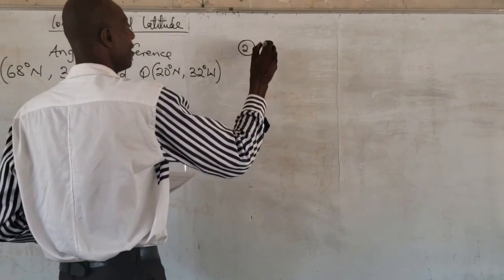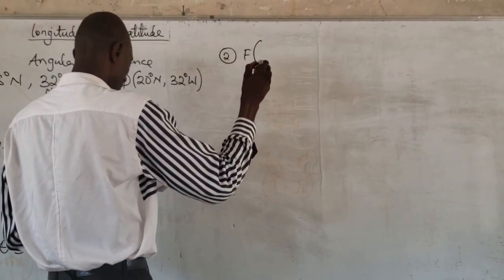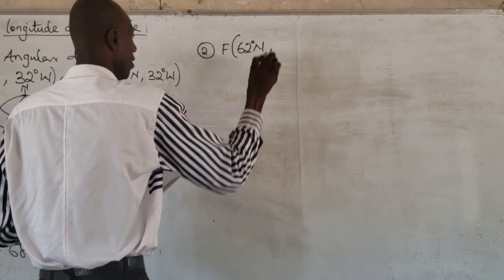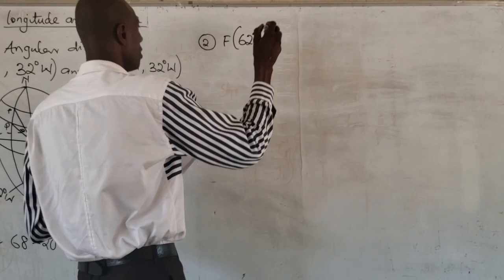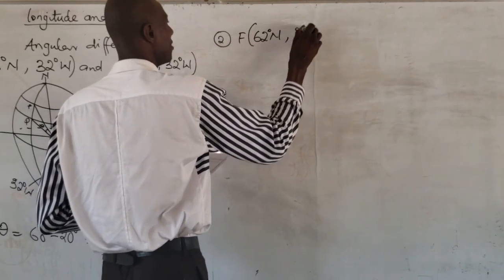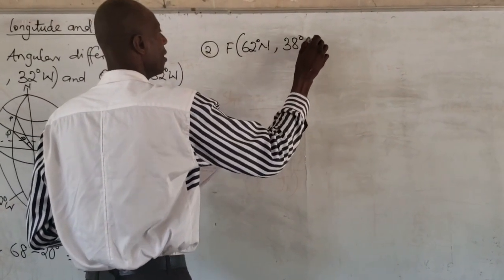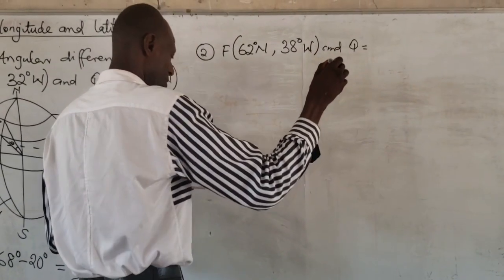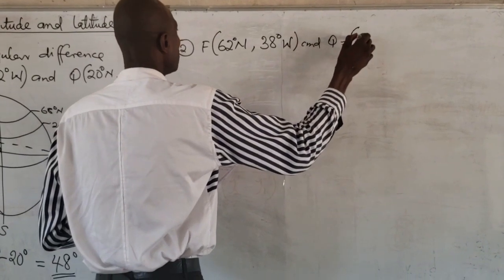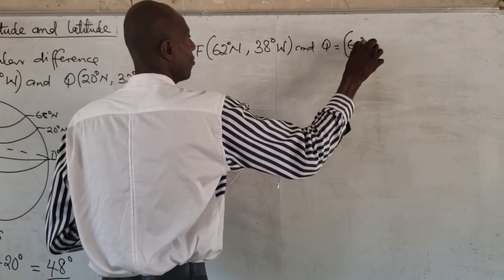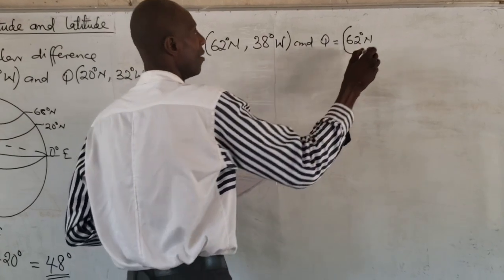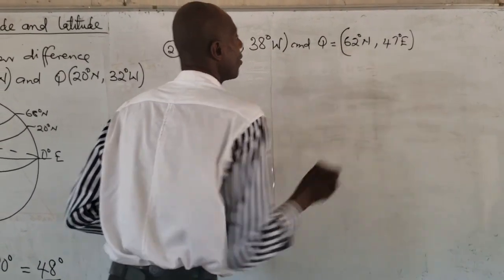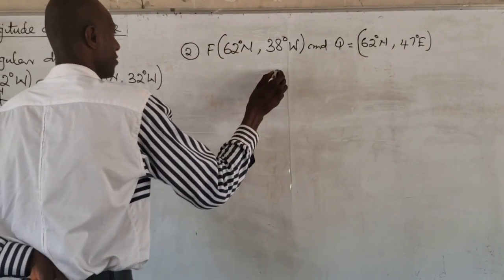Let's look at number 2. It has given P to be latitude 62 degrees north, longitude 38 degrees west, and Q is equal to latitude 62 degrees north and 47 degrees east. Okay, let's draw it on the Earth surface.